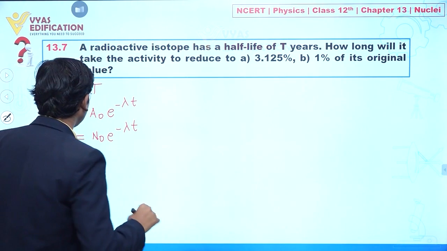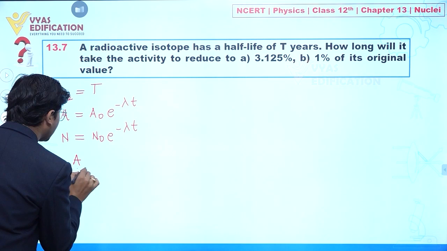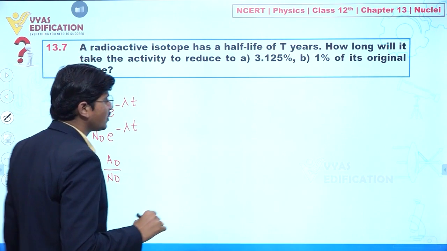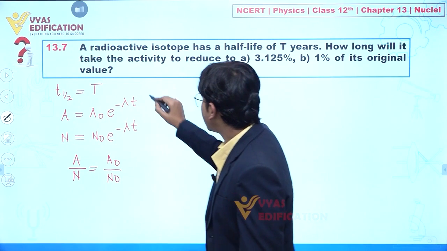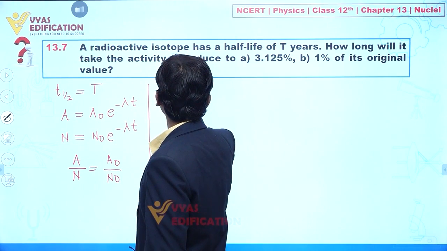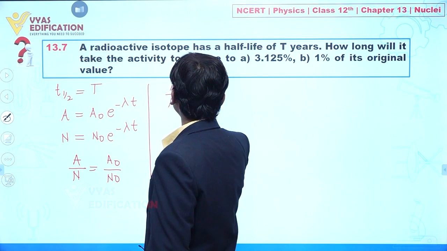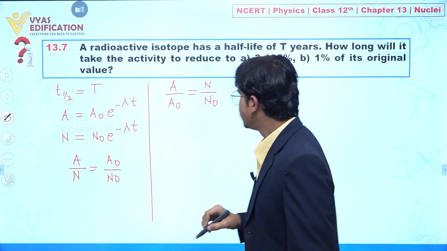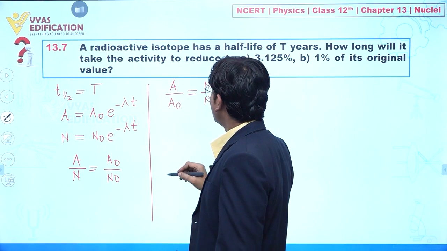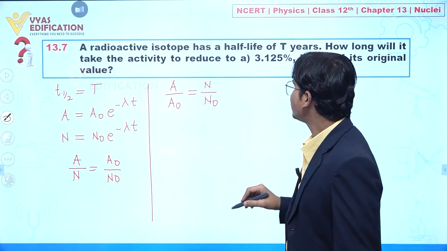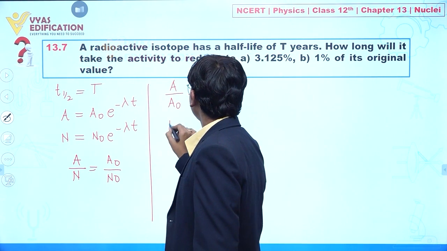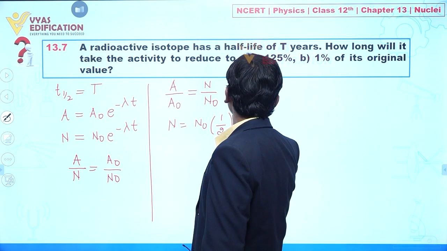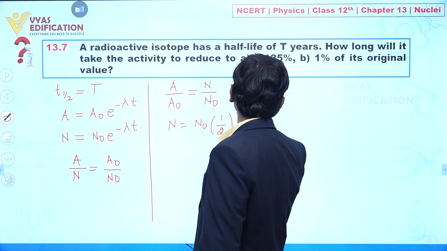Now if you divide, you can write A by N equals A naught divided by N naught. So we can write A divided by A naught equals N divided by N naught. Now we know one relation, that N is given by N naught times 1 by 2 to the power t divided by T half.